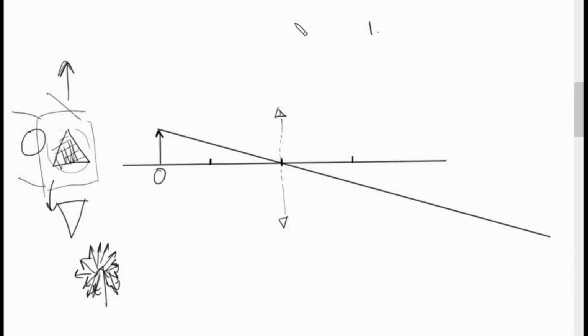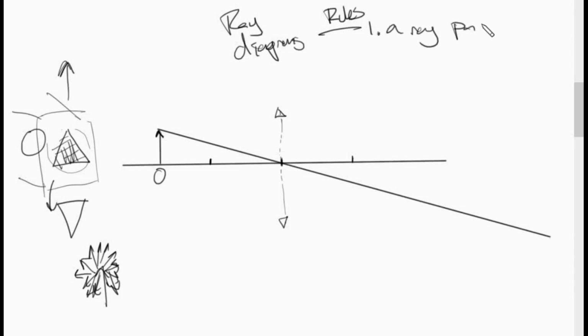Take a note. Rules to draw ray diagrams. And these are our rules. Rule number 1: a ray passes through the optical center, right? Then what happens? It passes through the optical center, which does not bend.